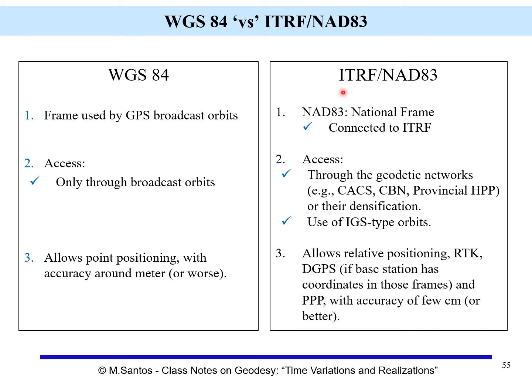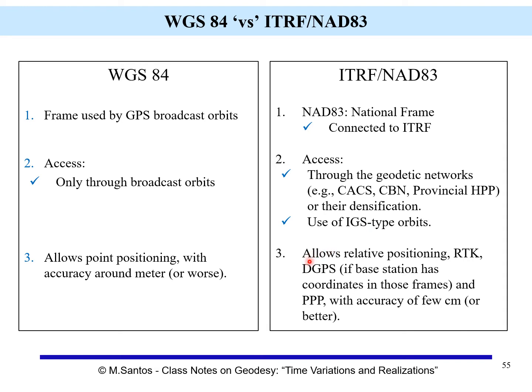Now, with respect to ITRF/NAD83, NAD83 is the national frame and is connected to ITRF, as we discussed before. The access to NAD83 is through the geodetic networks, the Canadian Active Control System, the CBN stations, the provincial high precision network points, or their densification, or if in PPP, using the IGS type orbits.